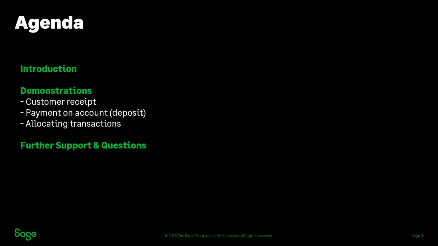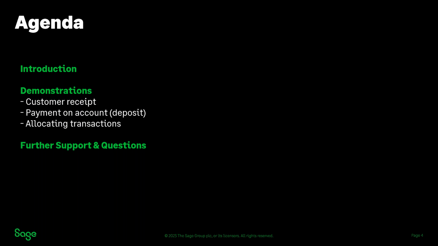Right, this is what we're going to be covering, so quite a short agenda for this quick learn session. A little bit of background to the customer receipts window. We're then going to run through a series of demonstrations, looking at customer receipts. Also, we'll pick up on payments on account, so recording deposits within your software. And also one of the tasks to tidy up your system, which a lot of people miss out on, or it's probably one of the more common support queries as well.